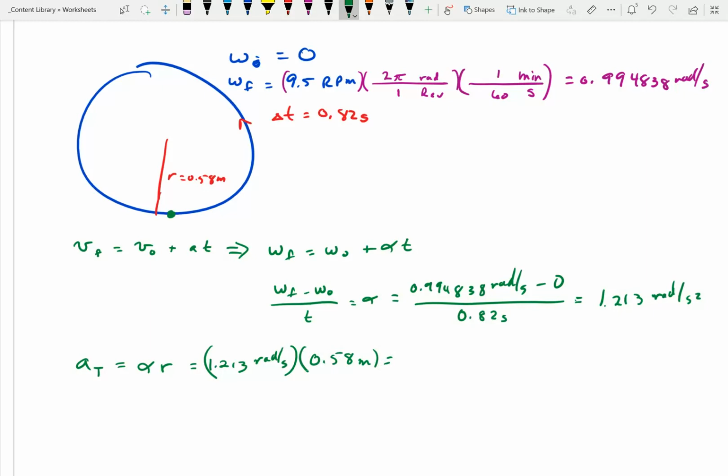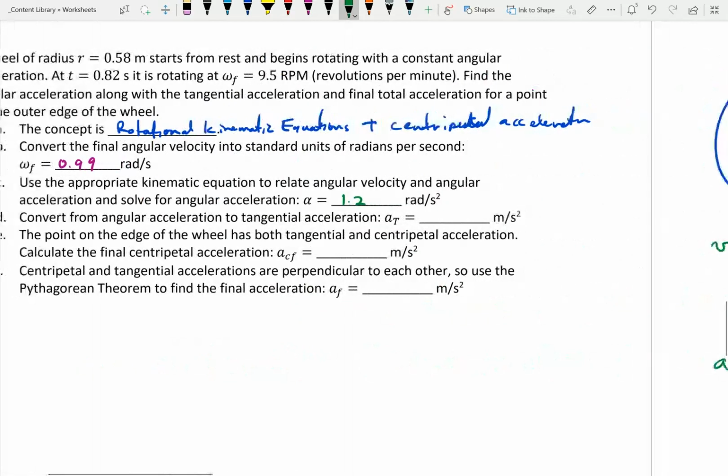And that gives me 0.7037 meters per second squared. Two significant digits, 0.70 meters per second squared.